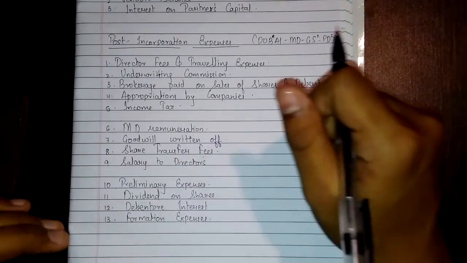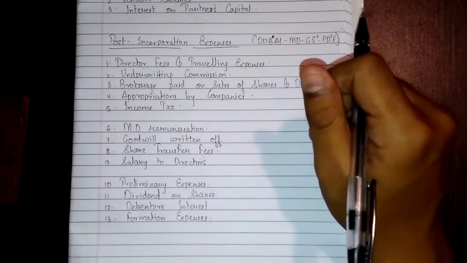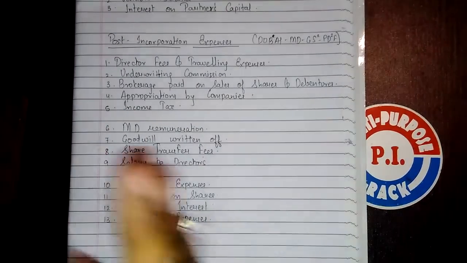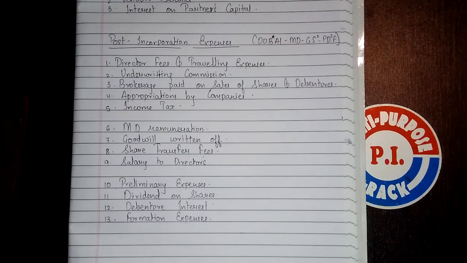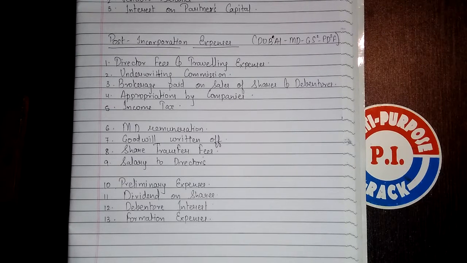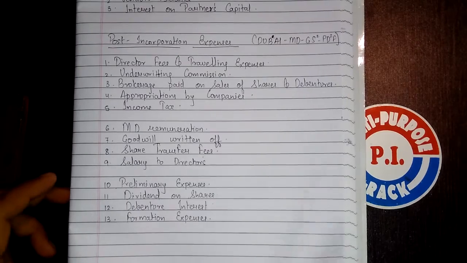So these are all the expenses under post-incorporation expenses which will be directly posted in the post-incorporation column. Firstly, please pause the video and copy this much. I hope you all have copied this much.